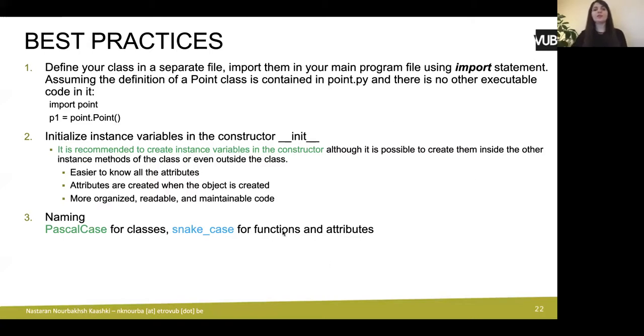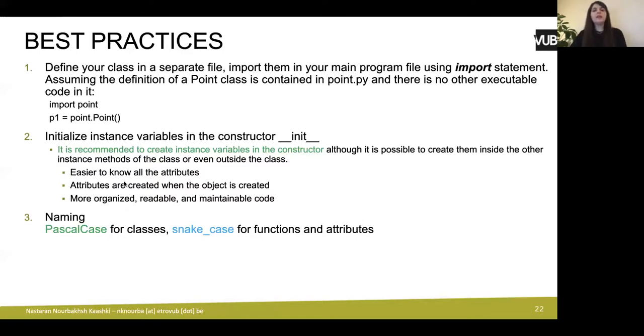And when you want to create an object of that class, you have to write the name of the import here. You will see later in the next lessons what the other ways to import a module are, and you will see that in some cases you don't need this, but this is the best practice. It's better to call it like this.